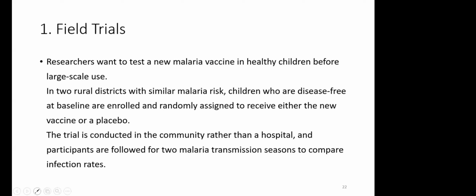Say researchers want to test a new malaria vaccine in healthy children before large-scale use. There are 2 rural districts with similar malaria risk. We enroll children who are disease-free at baseline and then randomly assign them to either receive the new vaccine or the placebo.